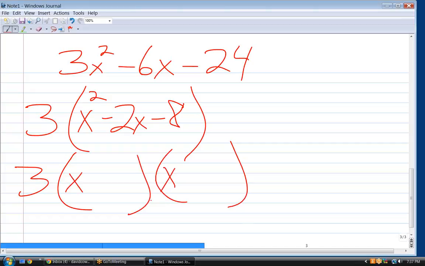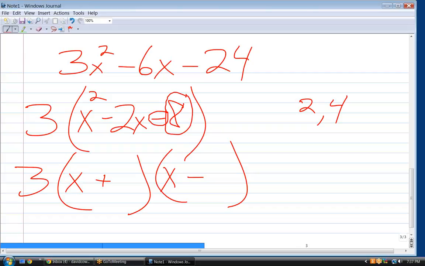What are the signs? They're both going to be positive and negative. They're going to be opposite. Right. Okay. And now we're looking for factors of 8 that subtract to the number 2. Again, 2 and 4. Only this time the 4 goes with which sign?